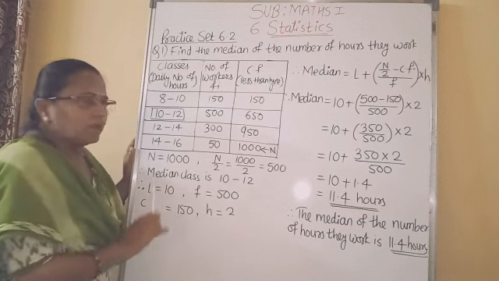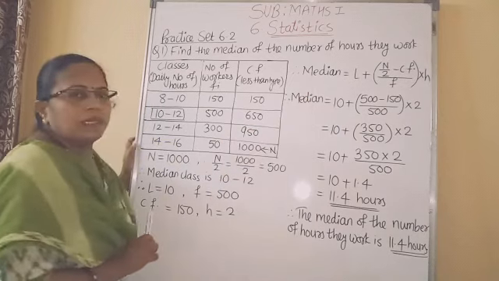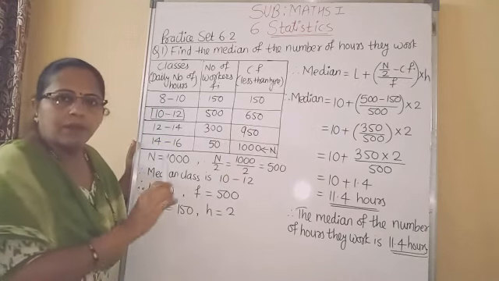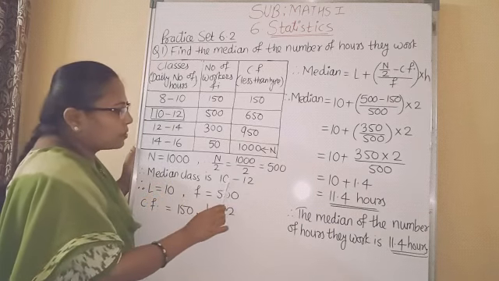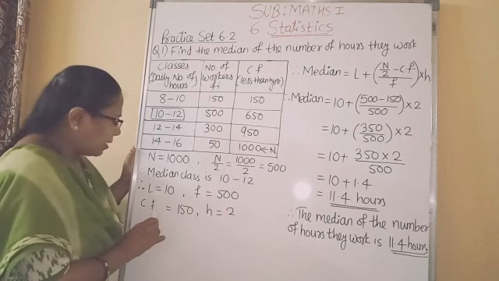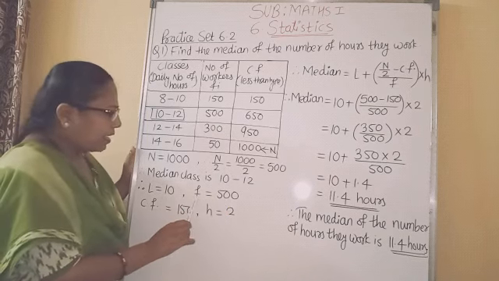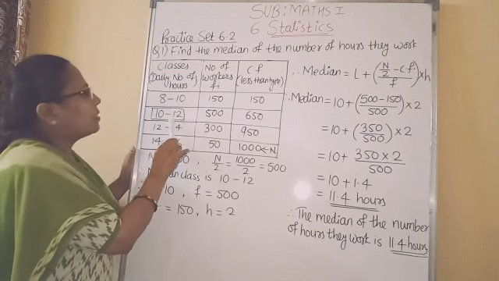Now, according to the formula, we require L. L means the lower class limit of the median class. The median class is 10 to 12, so its lower class limit is 10. So L is equal to 10. Next value is f. f means frequency of the median class.